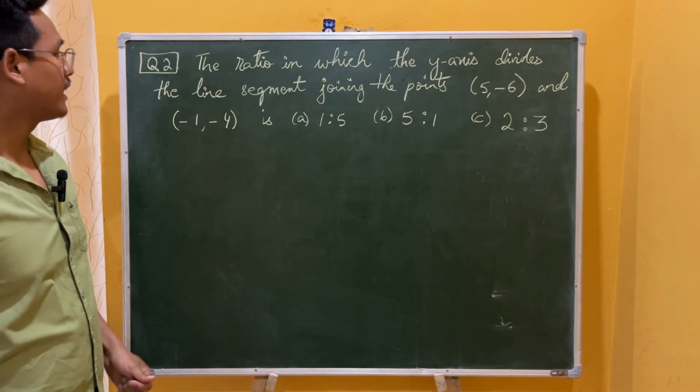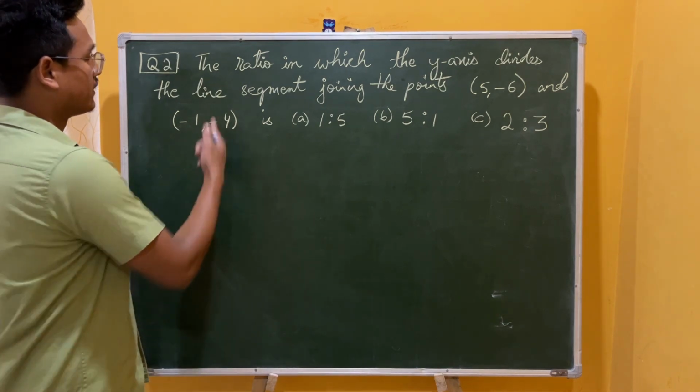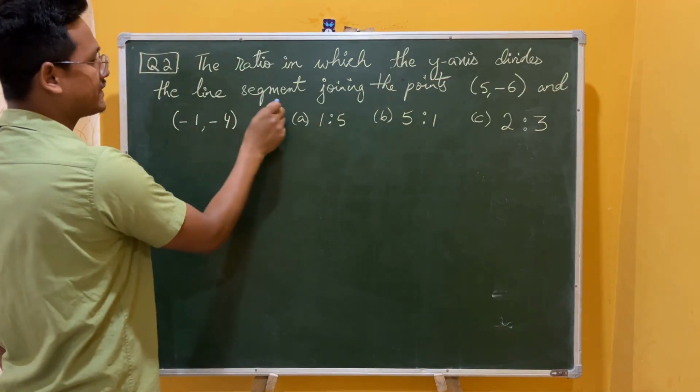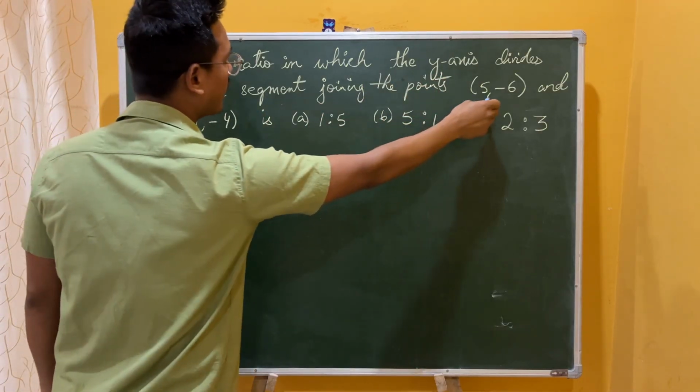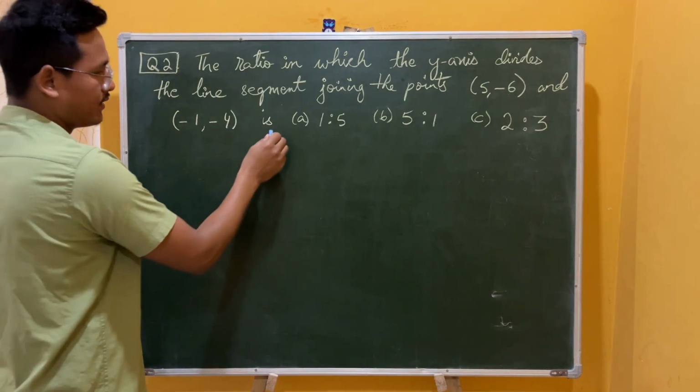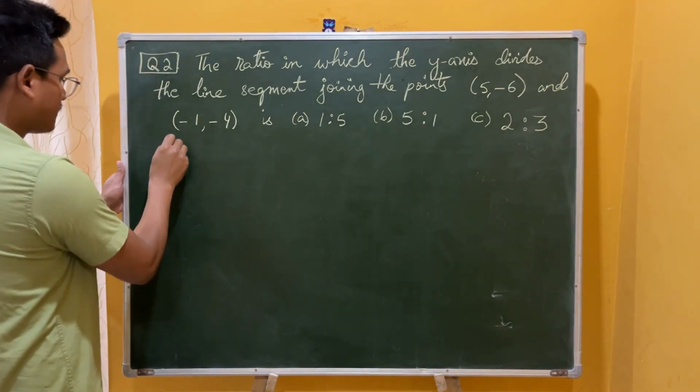Here it is, our second question. It says the ratio in which the y-axis divides the line segment joining the points 5, -6 and -1, -5 is one of these options. So let us solve this question.